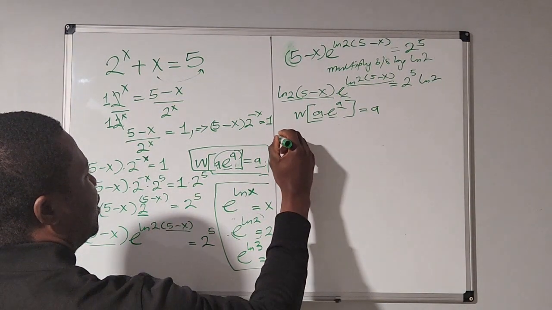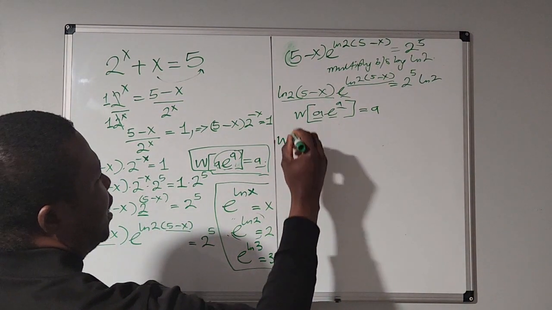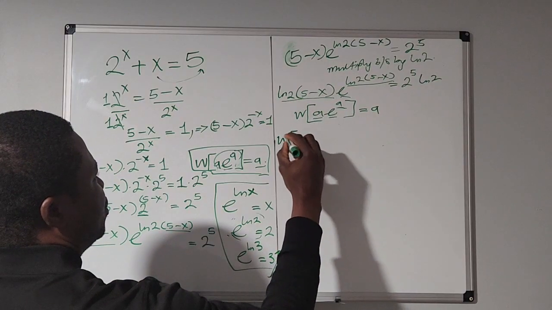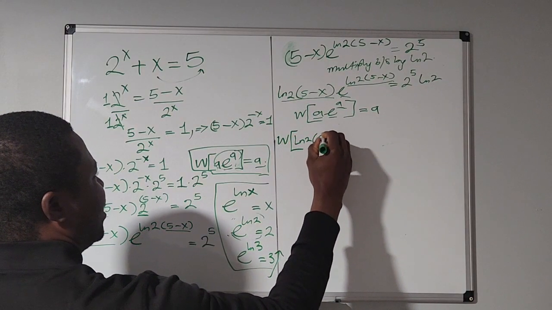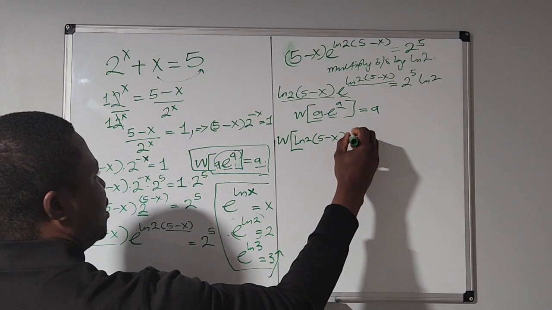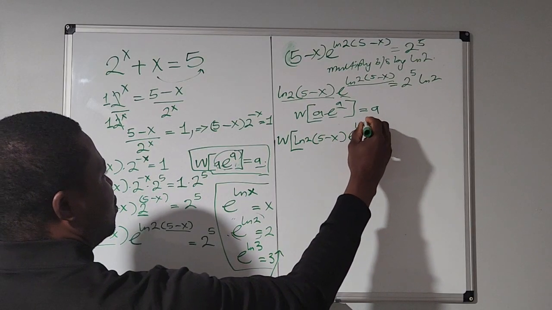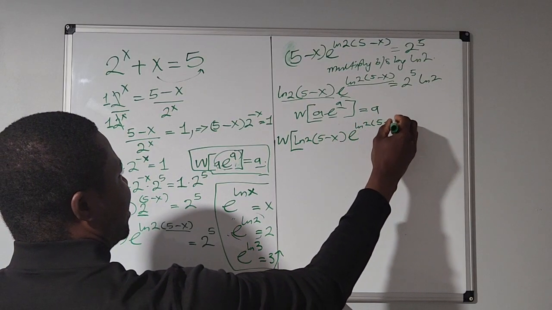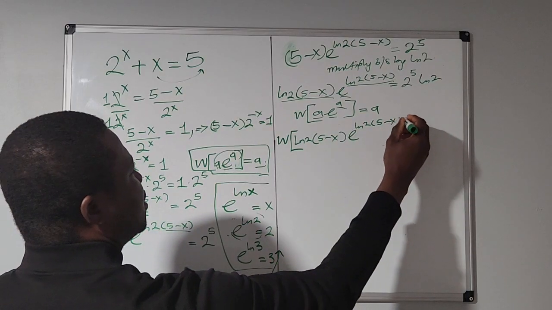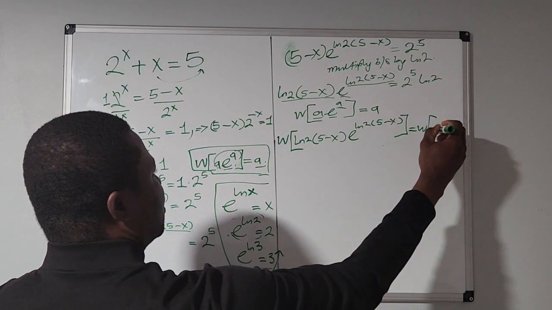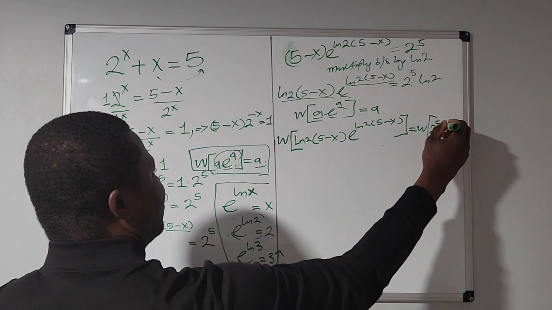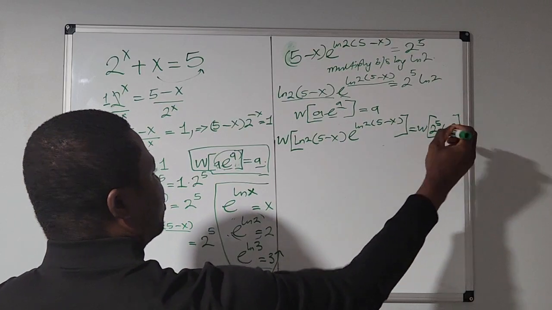So now let's employ the Lambert's rule here, and we have ln 2 (5 minus x) e raised to the power ln 2 (5 minus x) equals W of 2 raised to the power 5 ln 2.